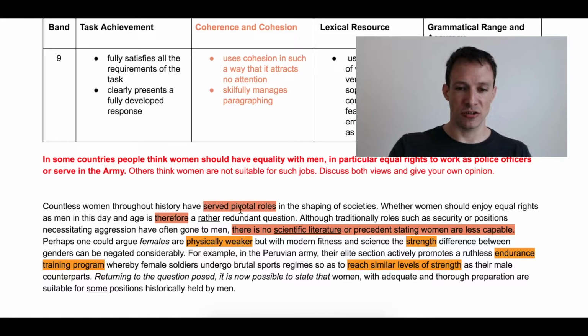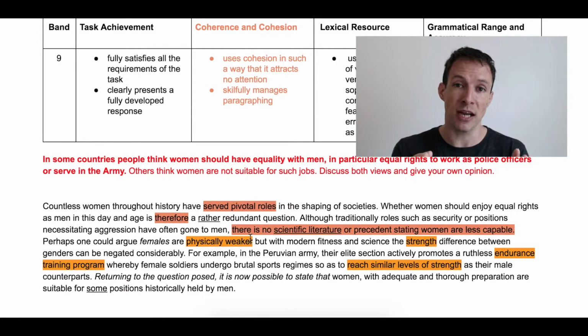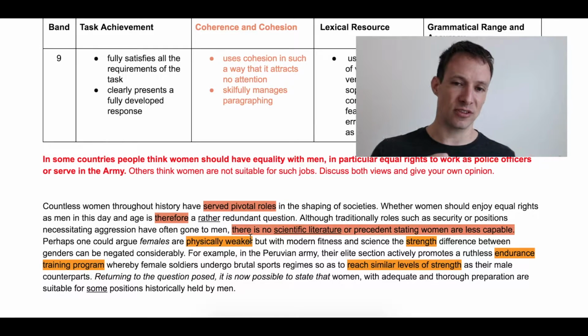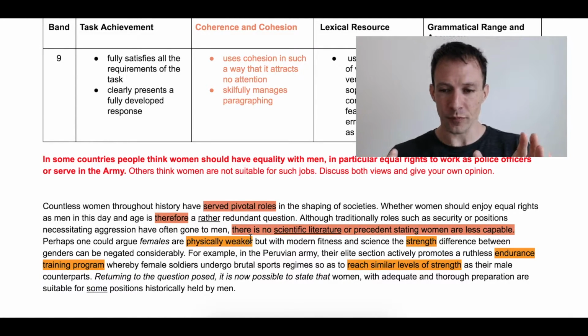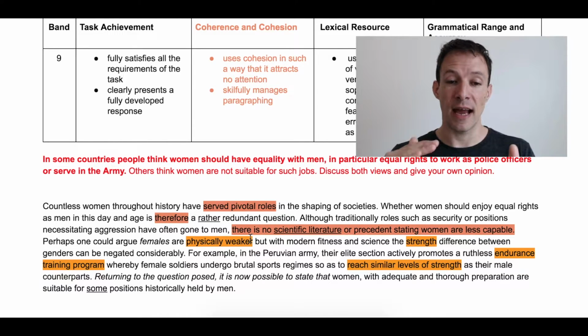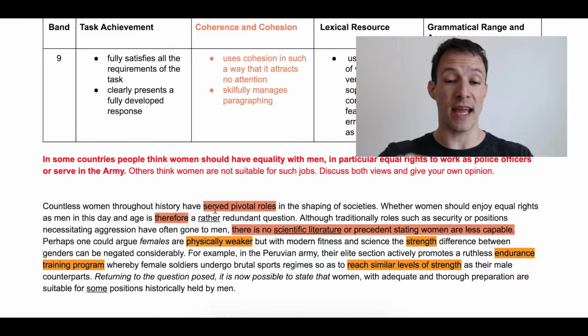Uses cohesion. So, served pivotal roles in the shaping of society. What I did here is that all the parts in orange refer to the fragments of the paragraph that are pulling it together. Okay? It's not the easiest thing to explain at a Band 9 level, but the highlighted parts are referring to other parts in the paragraph or in the essay.